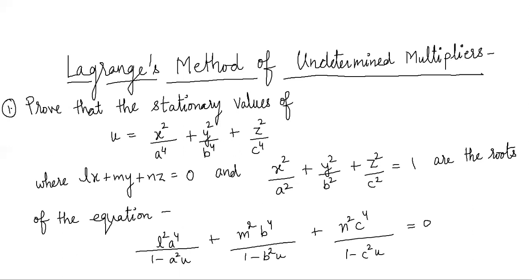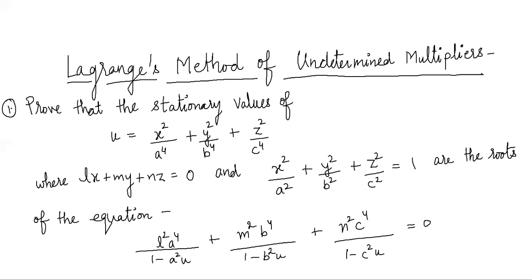As we discussed in our previous video, while defining the function h here, we will consider two Lagrange's multipliers, which you can take as lambda 1, lambda 2, or whatever you want, because that is just notation. You can take it in the form of lambda and mu.